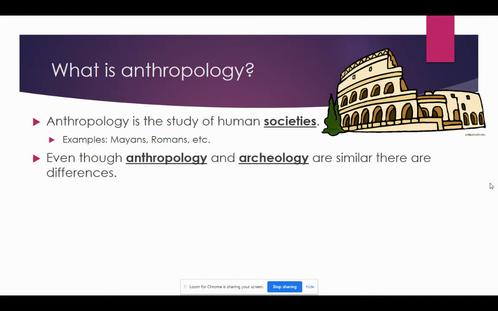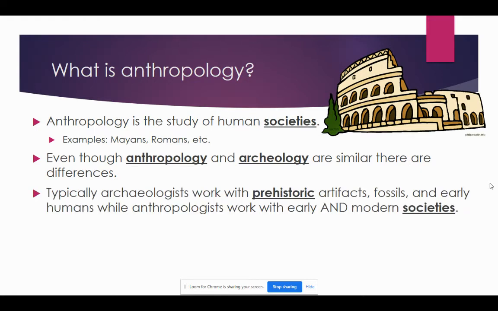Even though anthropology and archaeology are similar, there are differences. Typically, archaeologists work with prehistoric artifacts, fossils, and early humans. And we saw this in our Becoming Human video. While anthropologists work with early and modern societies.